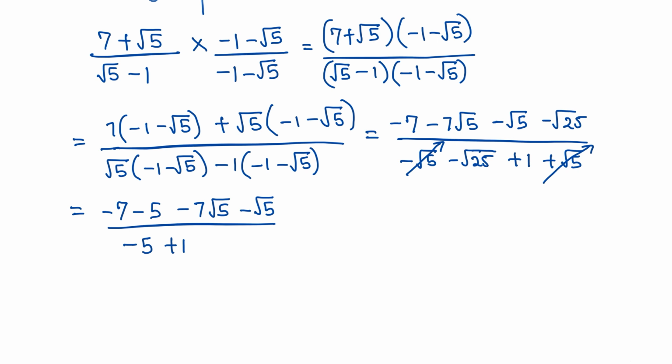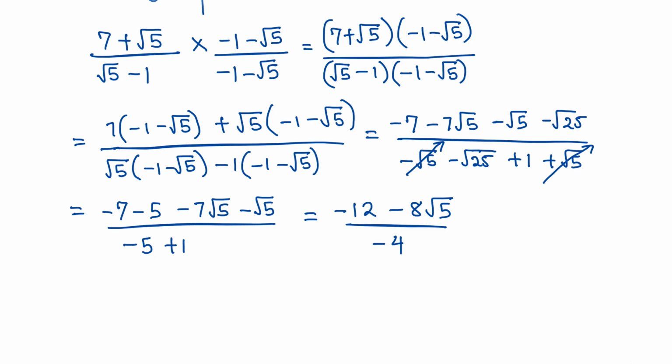So what I did was I collected the like terms. I put the integer terms together and the surd terms together, so it's just easier to work with. And then what we'll have is minus 12 minus 8 root 5 all over minus 4.